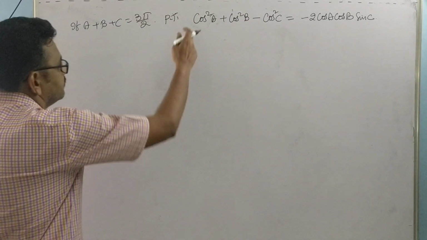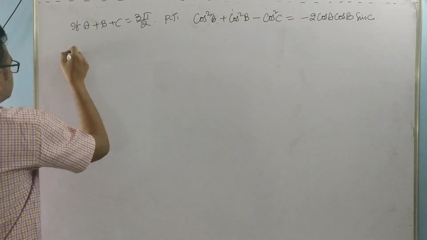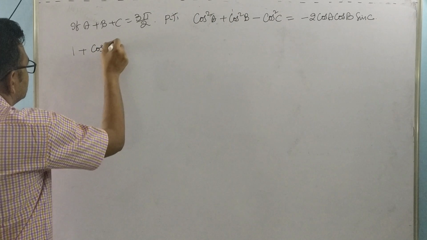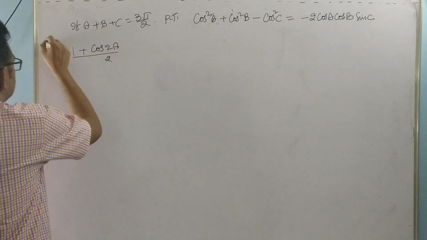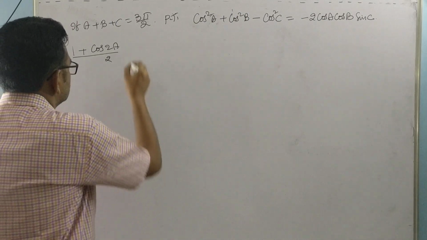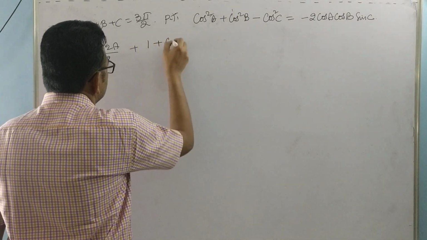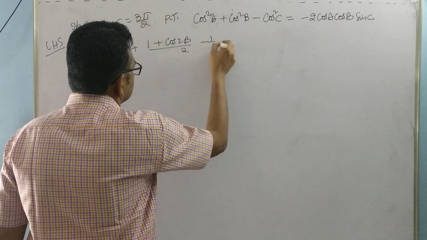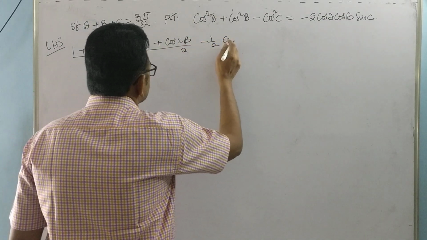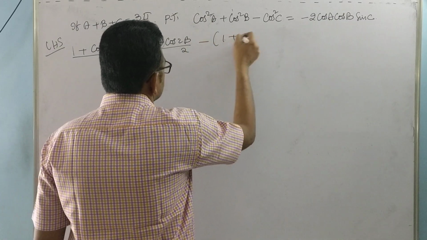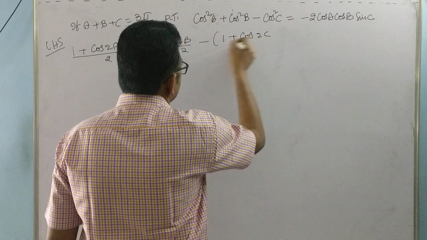You know the cos square A formula. What is cos square A in terms of cos? Cos square A is (1 plus cos 2A) by 2. LHS: cos square B is (1 plus cos 2B) by 2, minus cos square C which is (1 plus cos 2C) by 2.